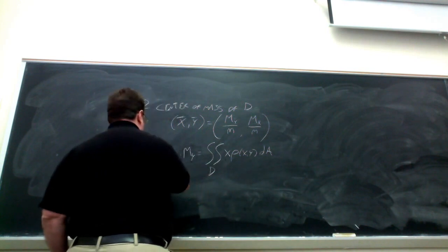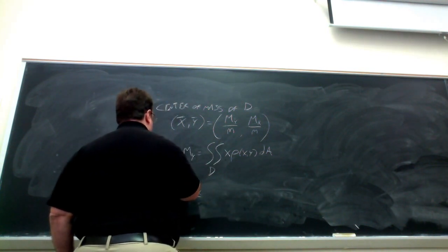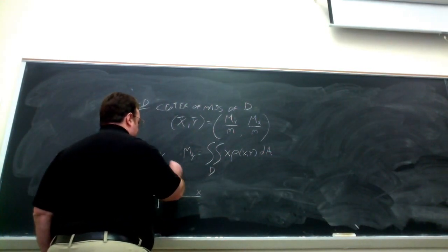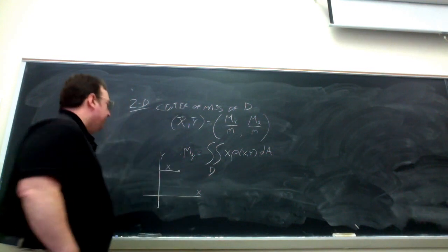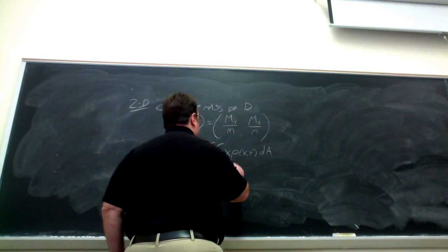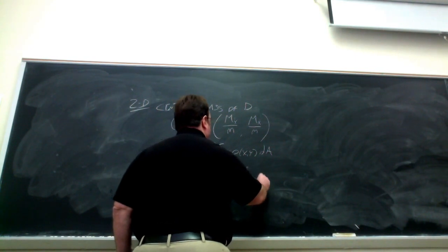And the reason for that is if you're in the xy plane and you have some point, what is x? x is the distance of your point from the y-axis.